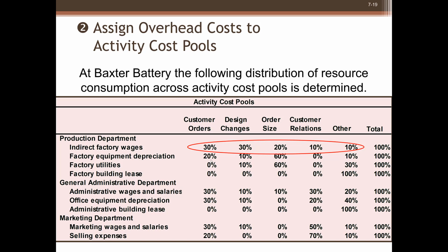We can also take a look at percentage allocation by each activity cost pool. For example, for other, 10% from indirect factory wages should be allocated to this pool, 10% from factory equipment depreciation, 30% from factory utilities, and so on. So each category of overhead cost can be allocated to each activity cost pool.